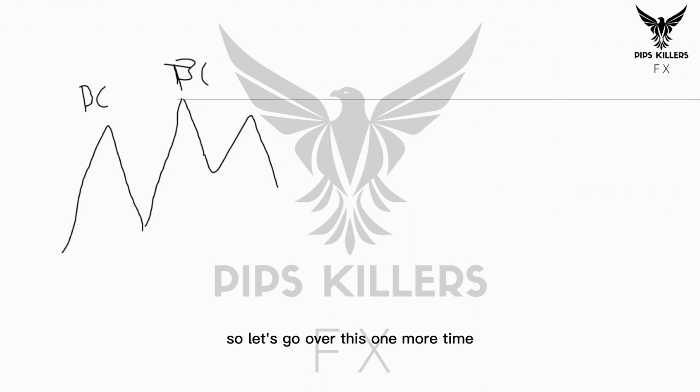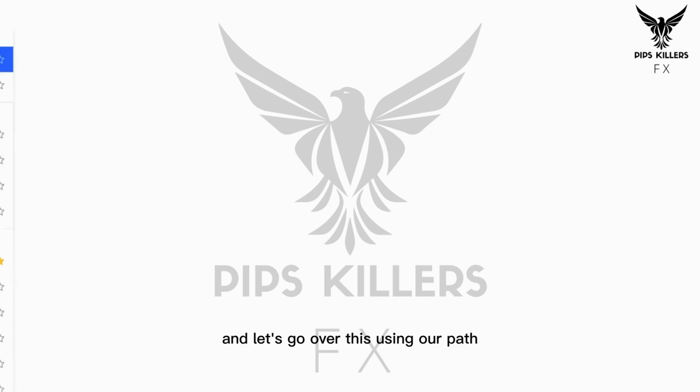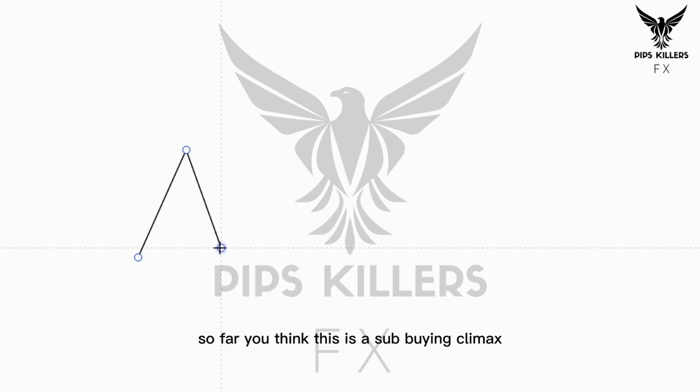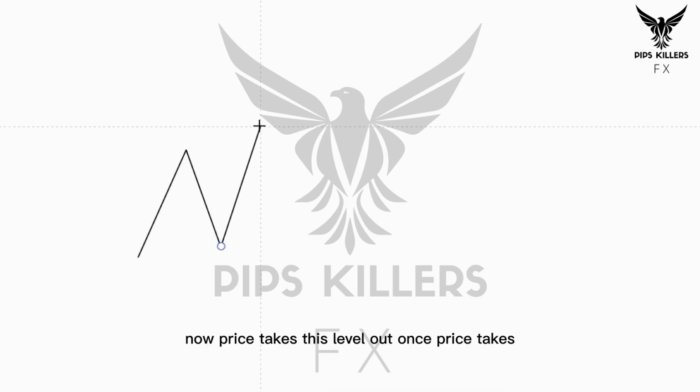So let's go over this one more time. And let's go over this using our path. So far, you think this is your buying climax. Now, price takes this level out.